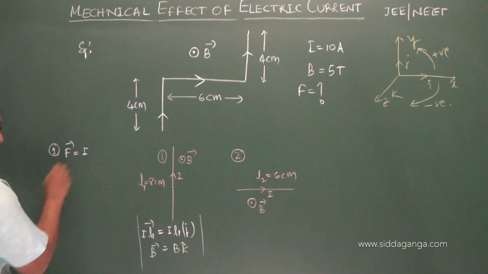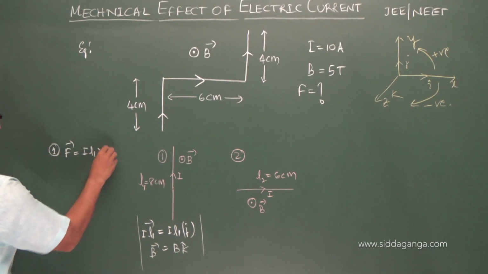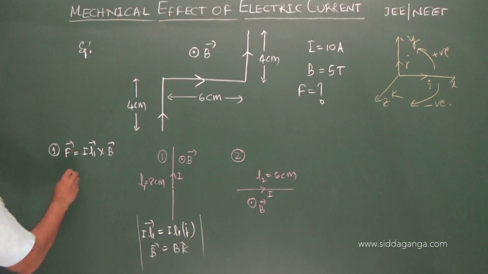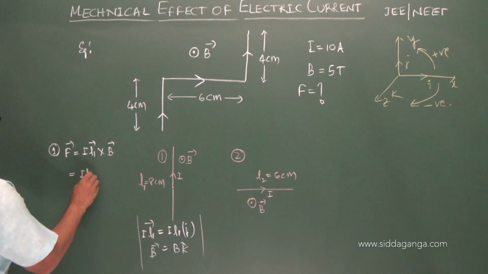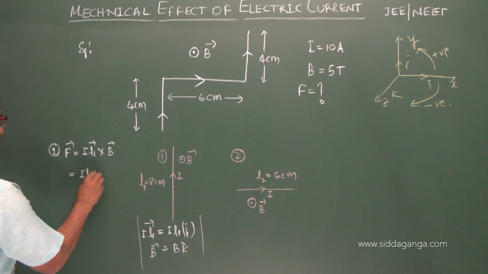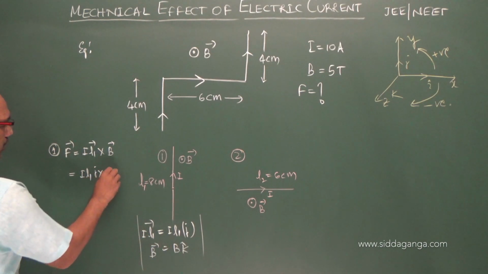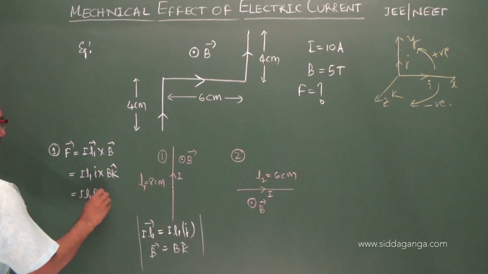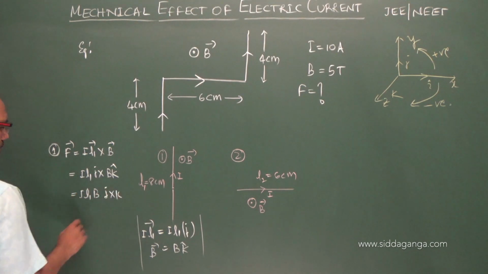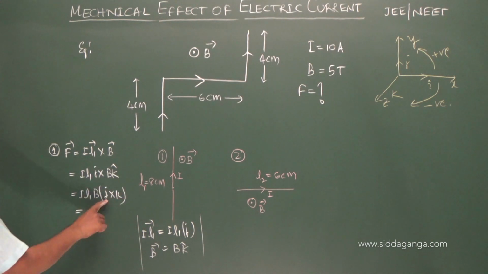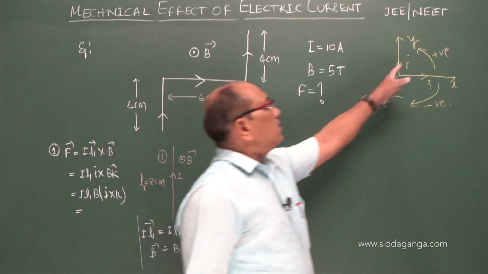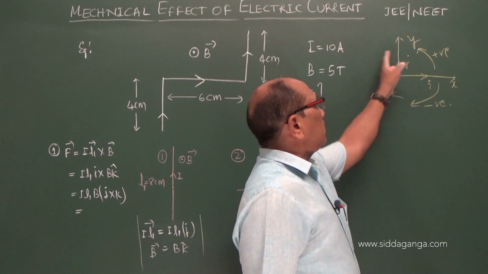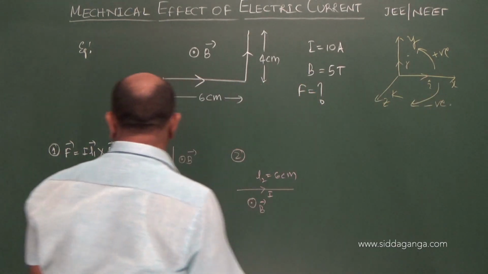F equals I L1 cross B, so I L1 j cross B k, or I L1 B into j cross k. j cross k is anticlockwise, so i is positive.